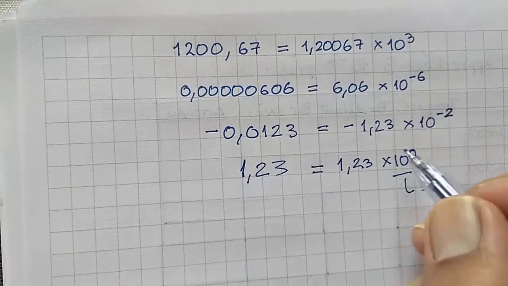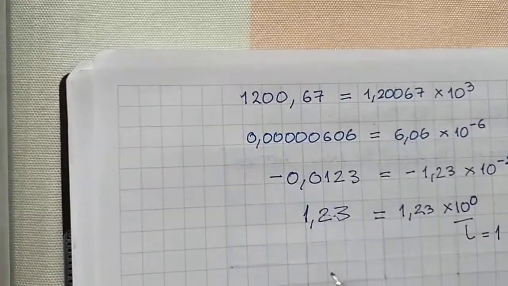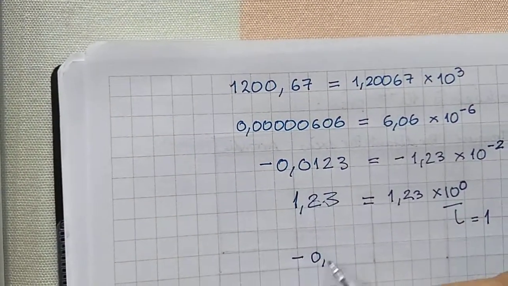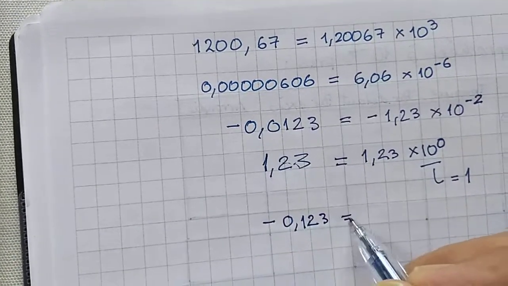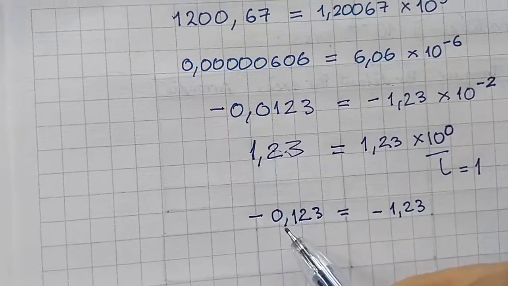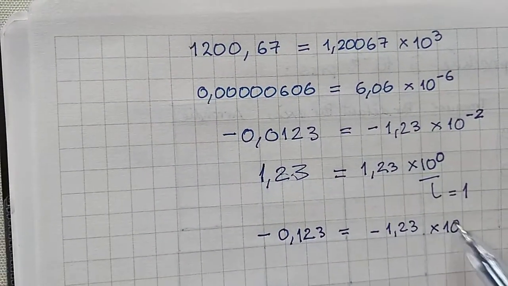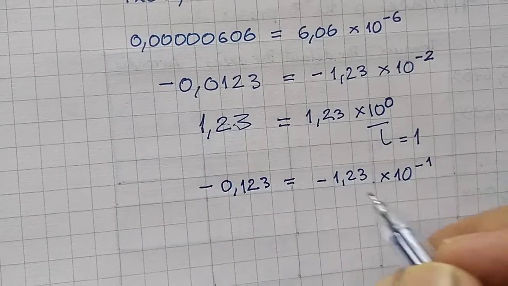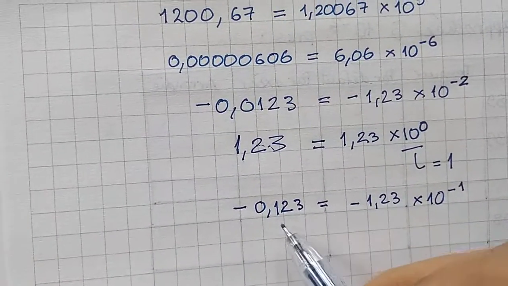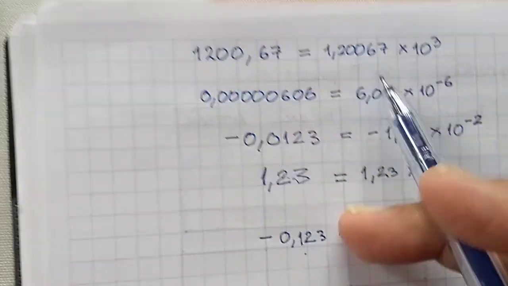So this whole thing is the scientific notation for just 1.23. Or if I have 0.123, then I will get 1.23, because here I multiplied by 10 to get it into this form. Here I'll get 10 to the power minus 1. Okay, so every number has only one way of writing it in scientific notation.